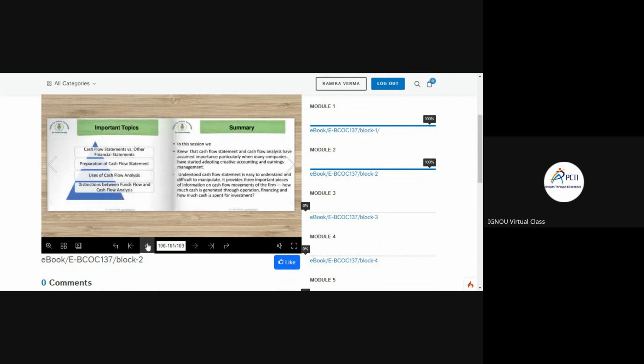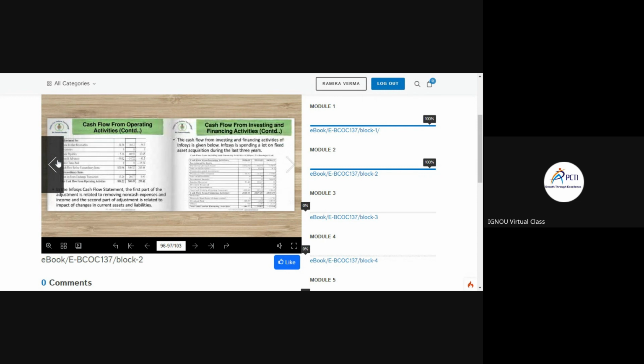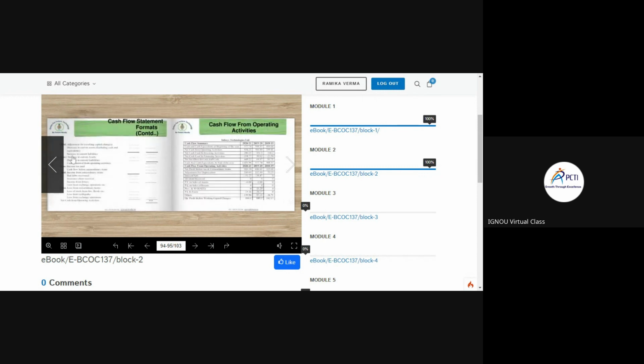See, like which we already studied, it gives you important topics like cash flow statement versus other financial statements. Then you have important topics like preparation of cash flow statement, uses of cash flow, and then the distinction. And in a summary they also give you illustrations, from where you can easily understand the topic.